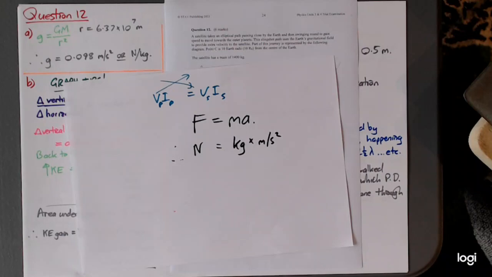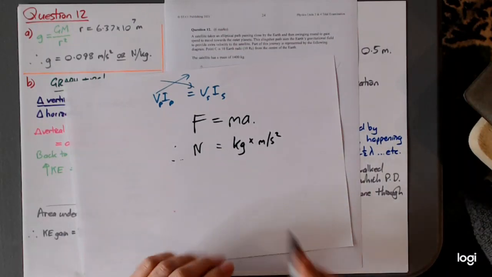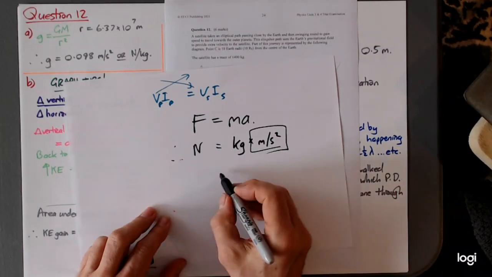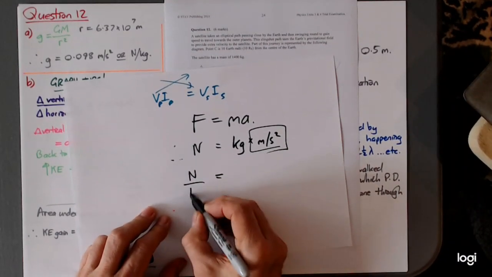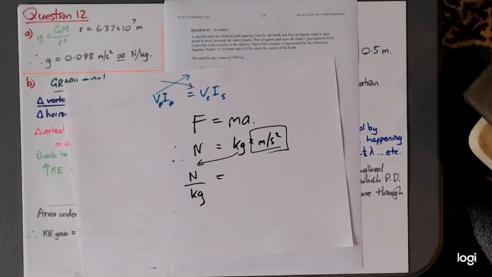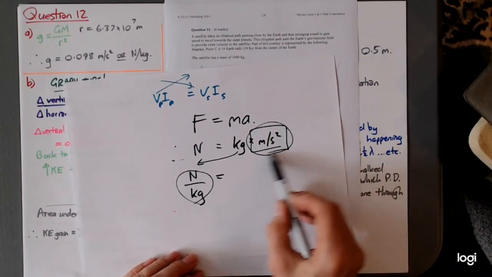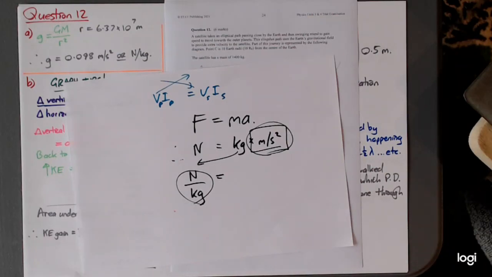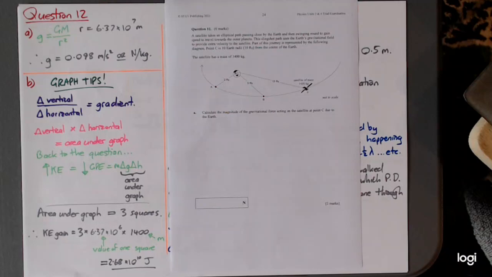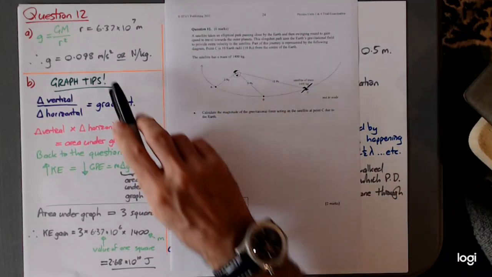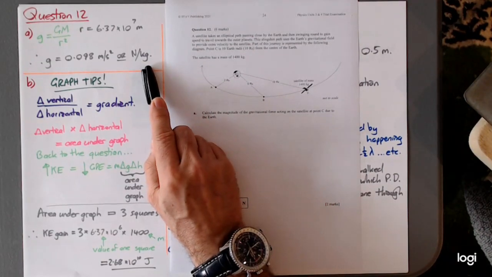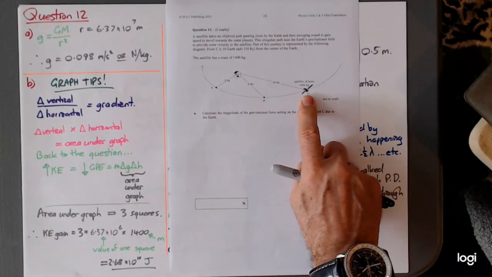So that unit can also be written newtons divided by kilograms, if you put that down there on the other side of the equal sign. That and that literally stand for the same unit. That's where they've got each of those from. So it's both an acceleration and it's a force that's on each kilogram of, in this case, the satellite.